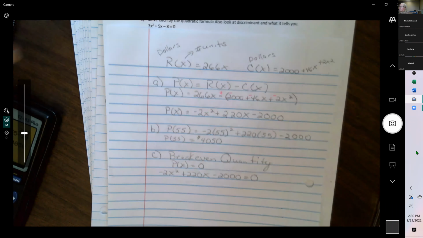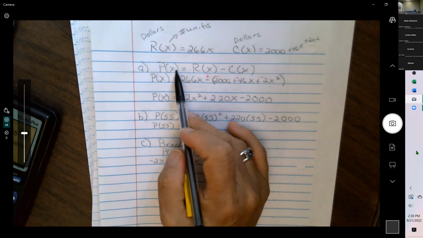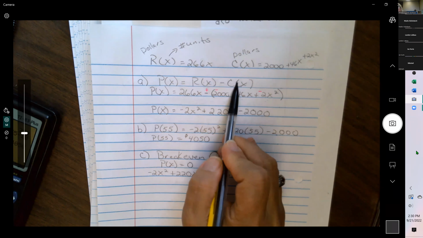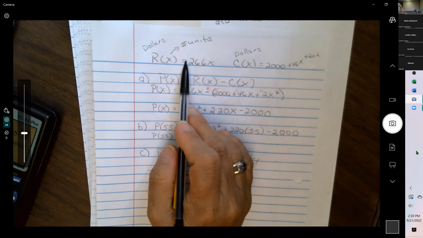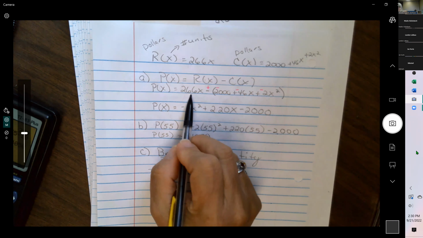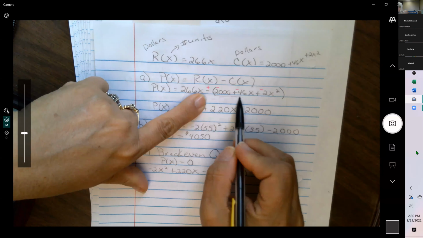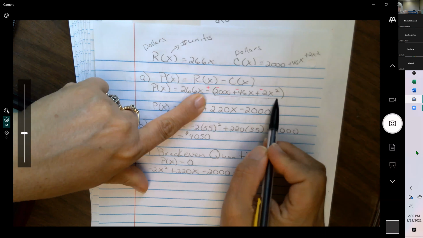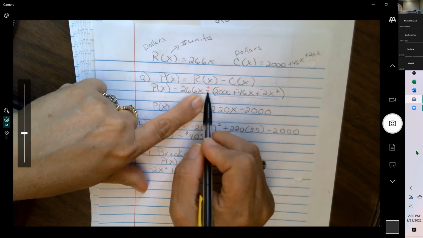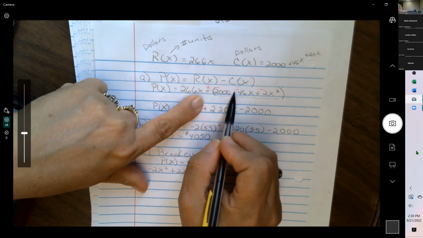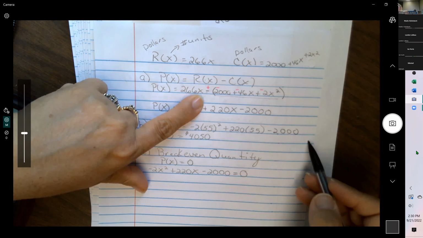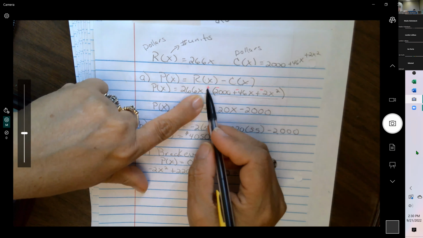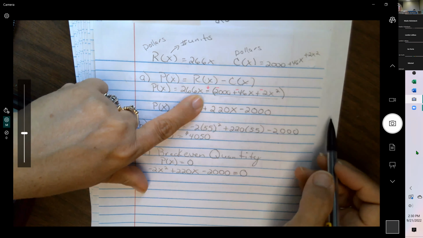So to get the profit function, I knew profit was revenue minus cost. So I wrote the revenue and then minus, and this whole thing was the cost function. Then I made this a plus and distributed my negative. Rather than having to rewrite it, I just made this a plus and changed my signs.